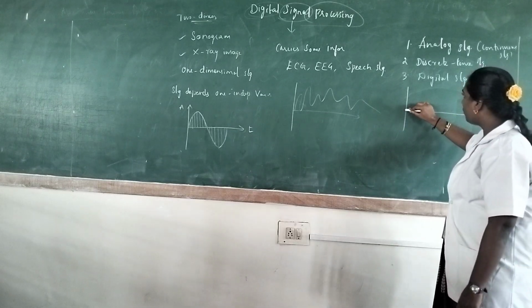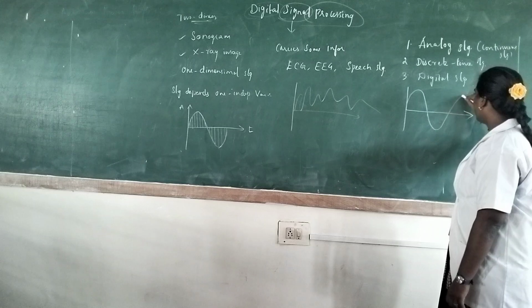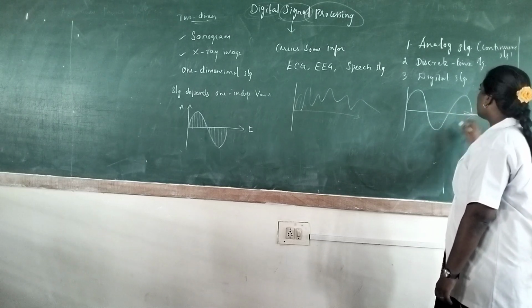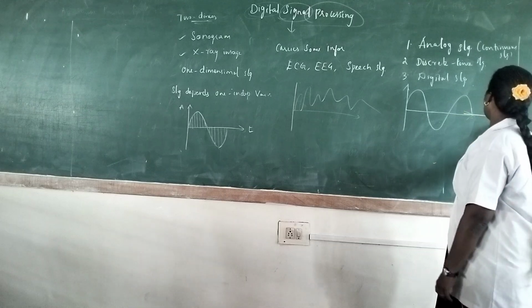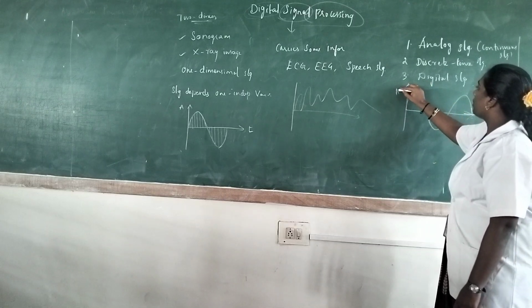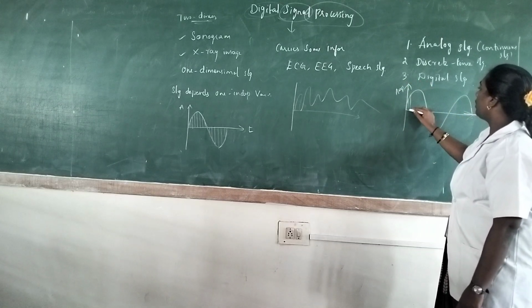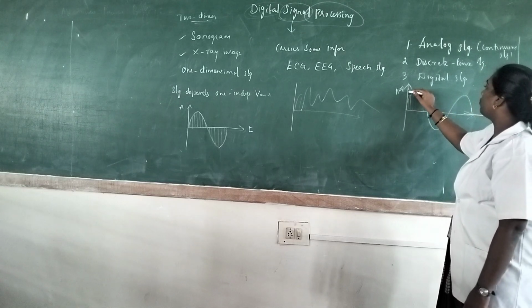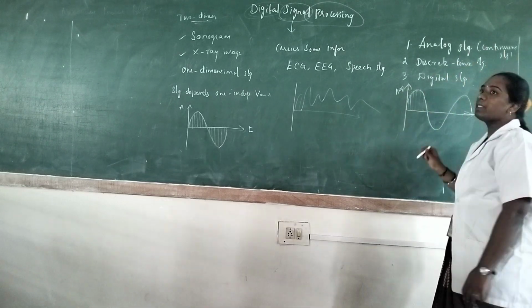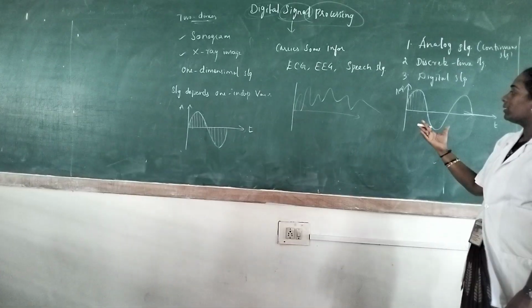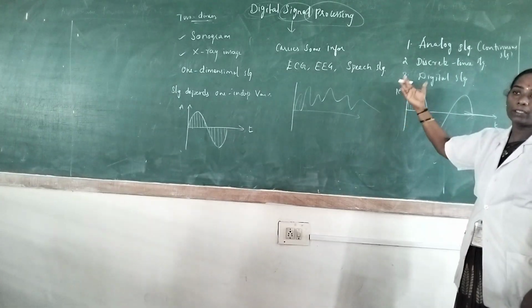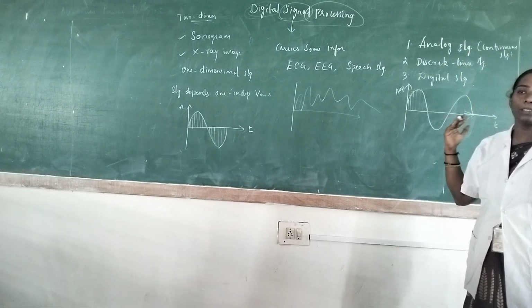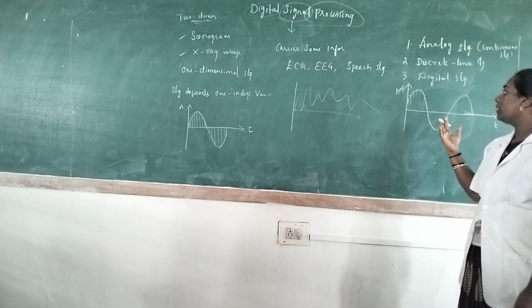For each and every instant of time we have an amplitude. Continuous time signal means the time period is continuous and the amplitude is also continuous. Hence the signal is called a continuous time signal.